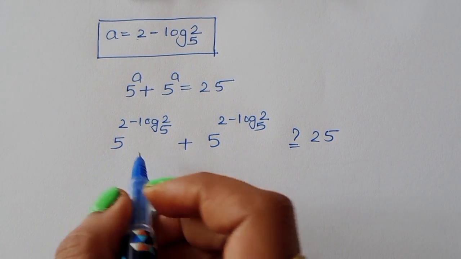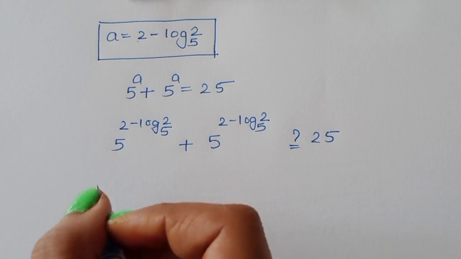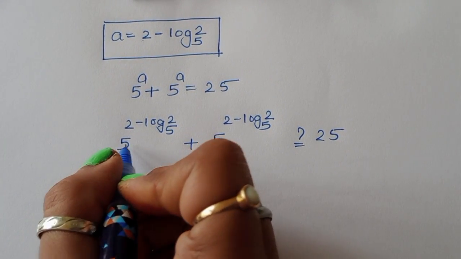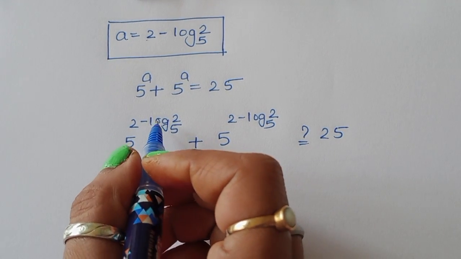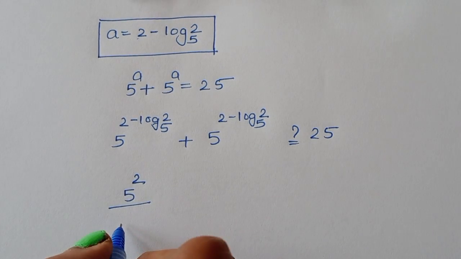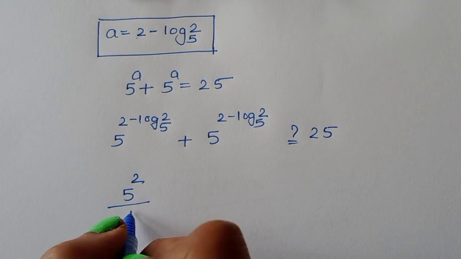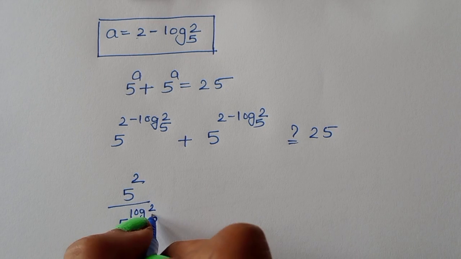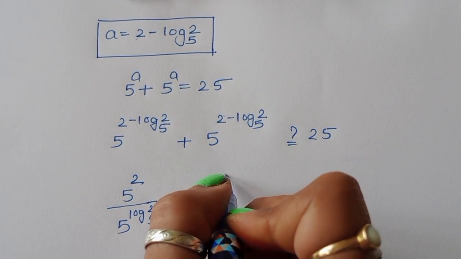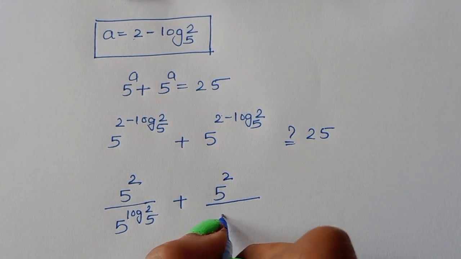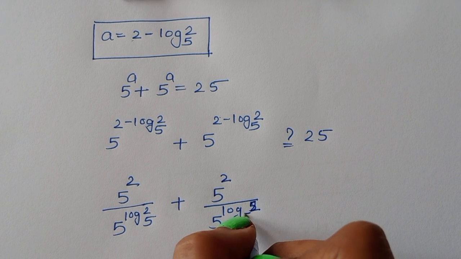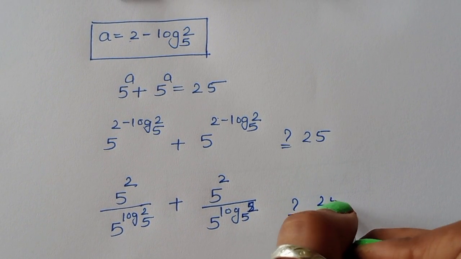So 5^a is 5^(2 minus log of 2 to the base 5). We can write this as 5^2 divided by 5^(log of 2 to the base 5), because this is minus, so it comes into the denominator. So 5^2 divided by 5^(log 2 base 5) plus the same term is equal to 25?